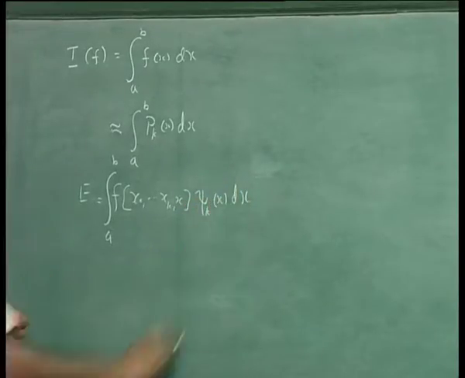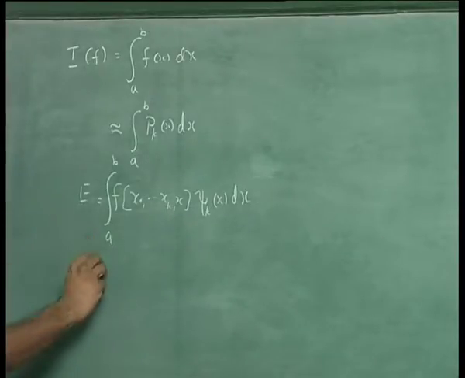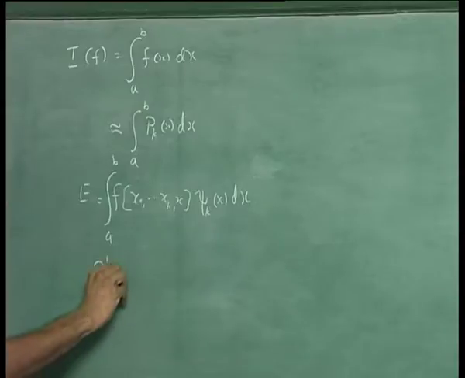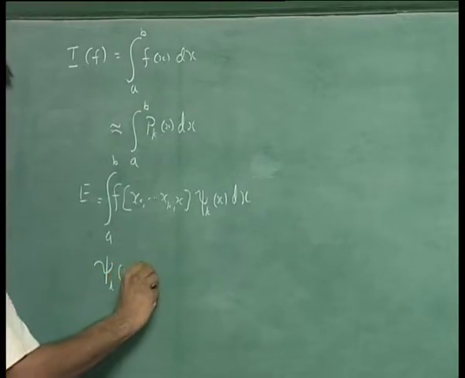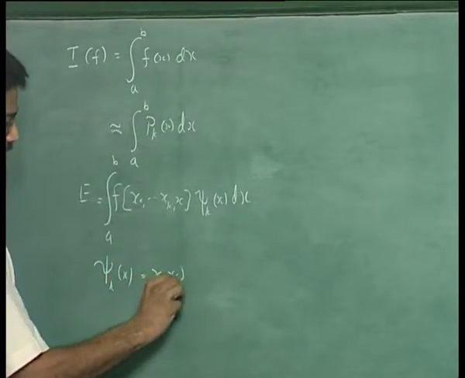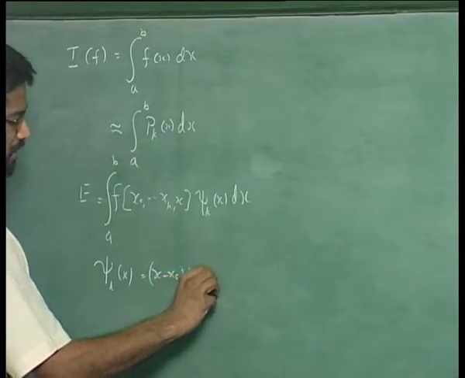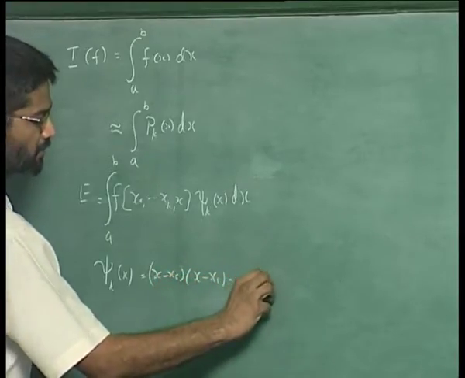So, that is what we have done so far, and then we said that in the case where psi k of x is a k plus 1th order polynomial, which is of this form, x minus x 0, x minus x 1, to x minus x k.